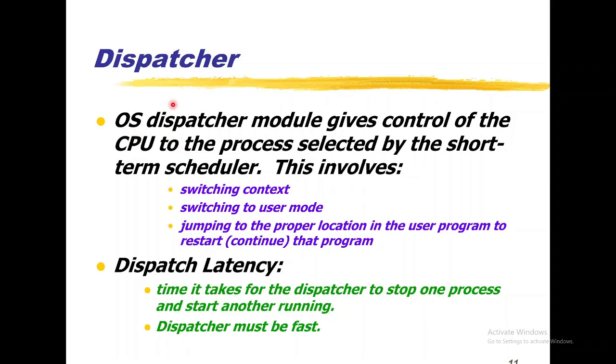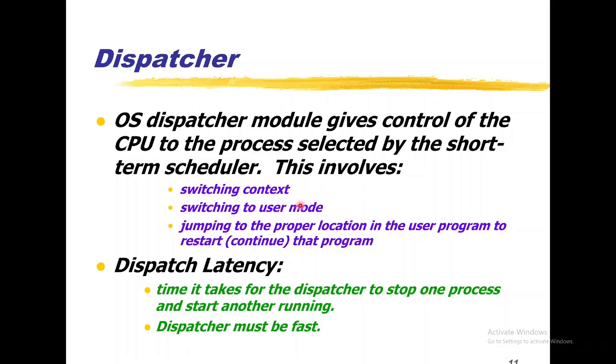Now let's look at the dispatcher. The operating system dispatcher module gives control of the CPU to the process selected by the short-term scheduler. This involves switching context, switching to user mode, and jumping to the proper location in the user program to restart or continue that program.